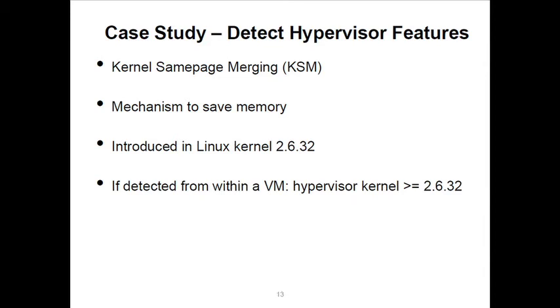It is currently implemented in different hypervisors like KVM, Xen, and VMware. For the Linux kernel, it has been introduced since Linux kernel 2.6.32. So if we can detect that KSM is enabled in the hypervisor, we can claim that the hypervisor OS kernel version is greater than or equal to 2.6.32.